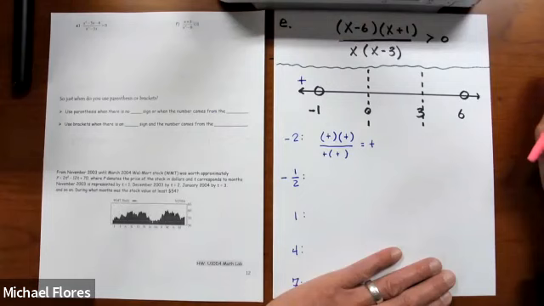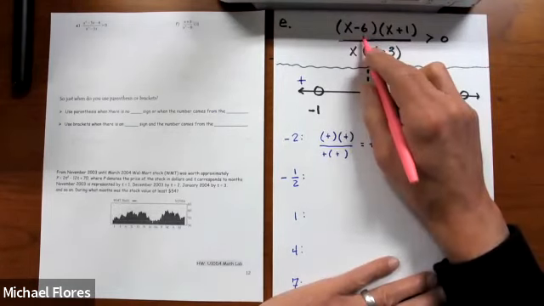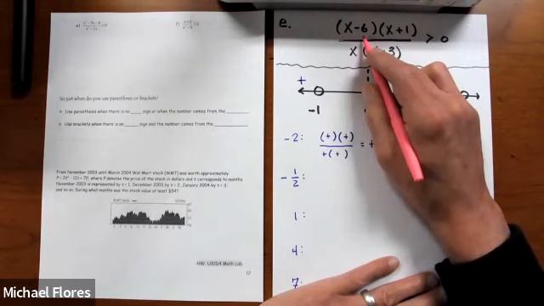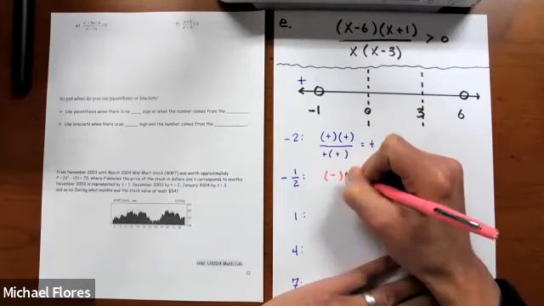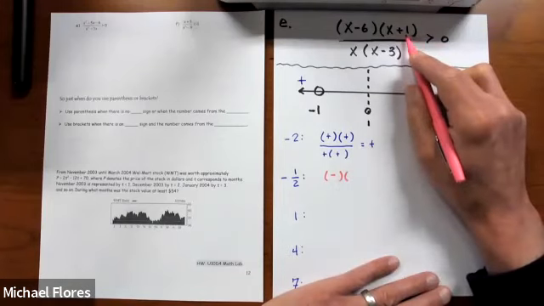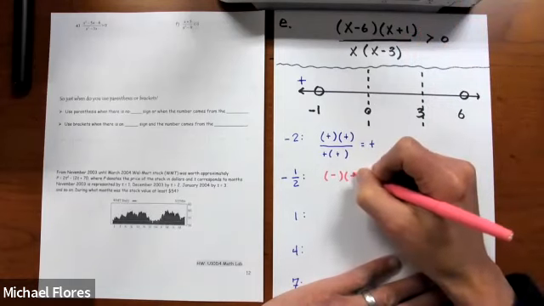Okay, now -1/2. This is where this trick really comes in handy. -1/2 minus 6, who cares what the number is? We know it's still going to be negative. -1/2 plus 1, well, that would result in a positive number.